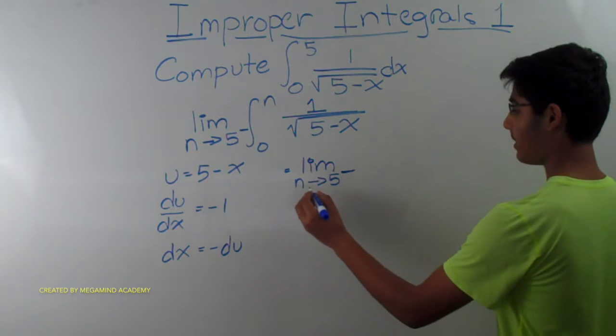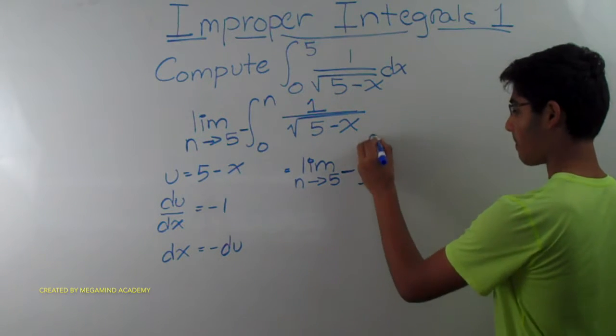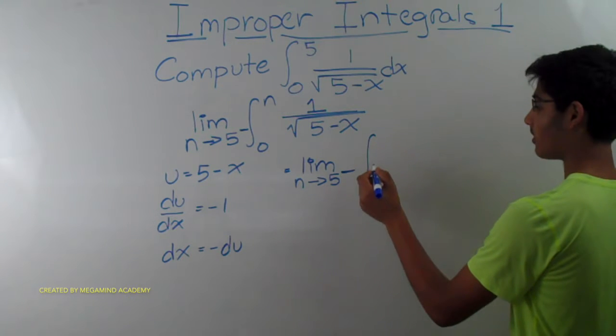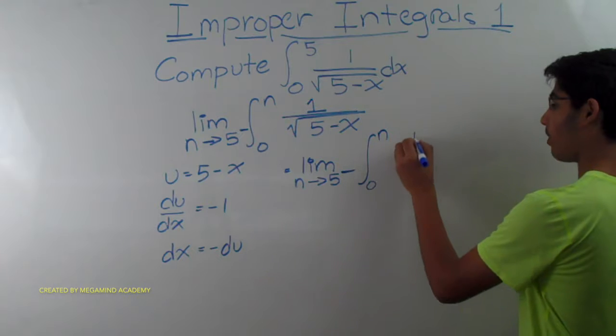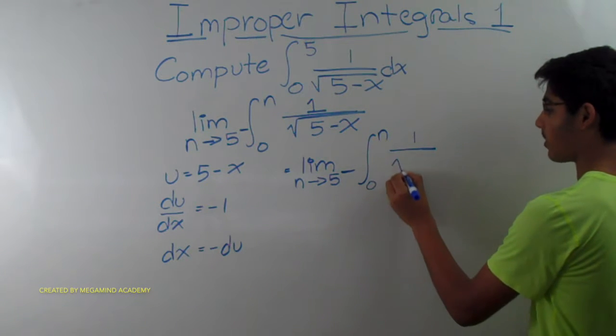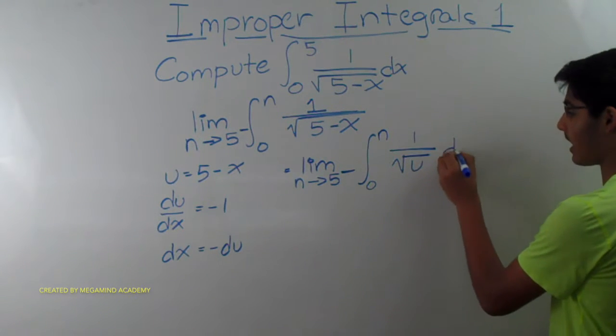So this is the limit as n approaches 5 from below of the integral from 0 to n of 1 over the square root of u dx.